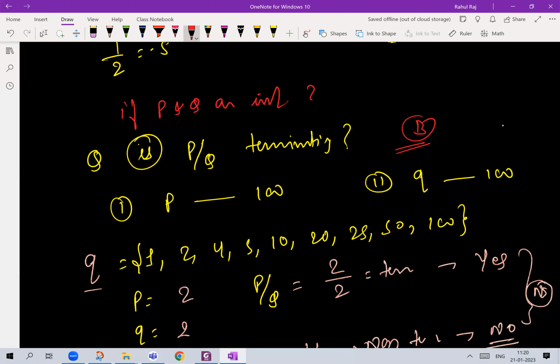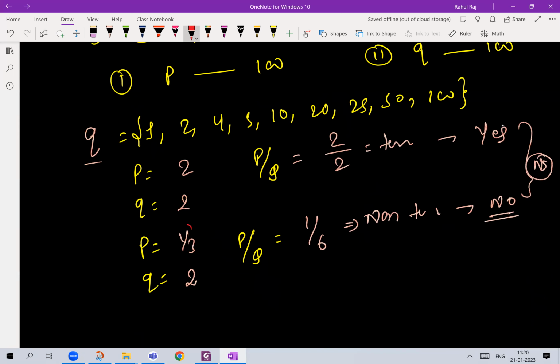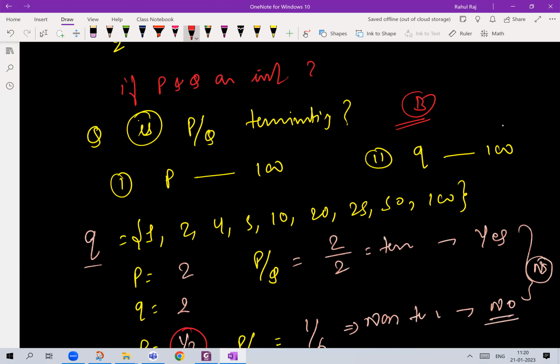If you misread one question at one point of time, it's all wrong. So it is not given to me in the question that P and Q are integers. So I'm free to take any value of P for statement number 2. I took P is equal to 1 by 3, Q is equal to 2, and that's the reason I've created a no situation. That's why I say option number 2 is not sufficient. But if it is given that P and Q are integers, B is the right answer. But it is not given to me in the question.